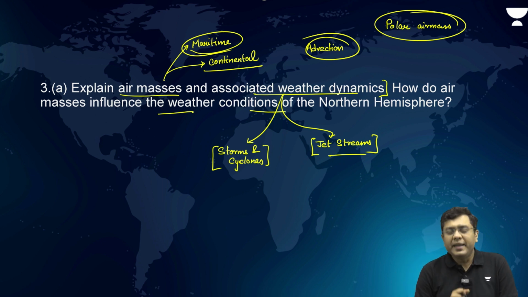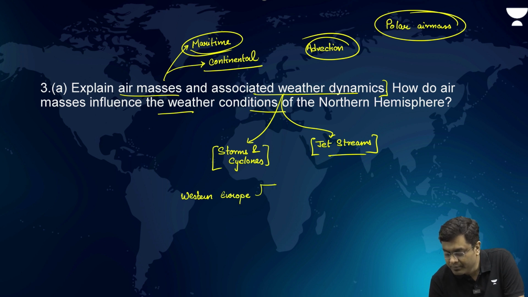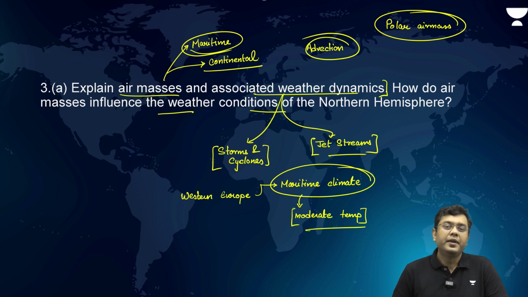For example, in these air masses, when we talk about the presence of onshore winds in the region of Western Europe, the region of Western Europe experiences maritime climate, right? So, as a consequence, they have moderate temperature as compared to the regions across similar latitudes in the interior areas, for example.